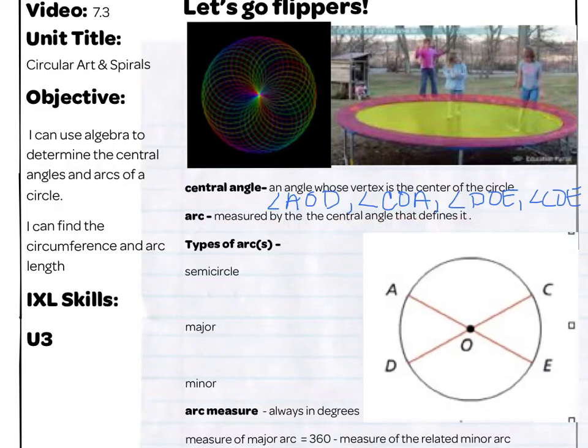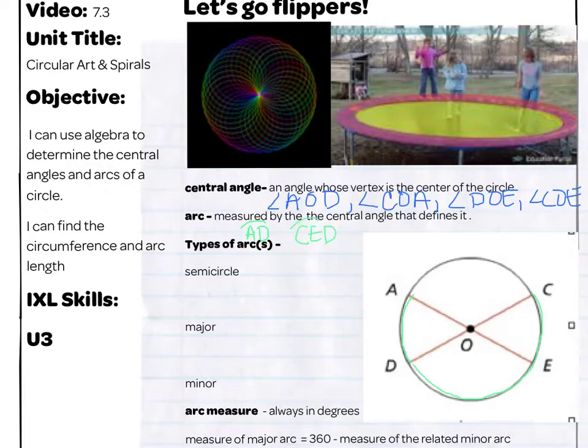So if I were to carefully label some arcs here, let's go with green for now. Here is an arc, right here, this is arc AD. And that actually looks like a hoop, and then AD. You can also have arcs that have three letters. So let's go with arc CED.